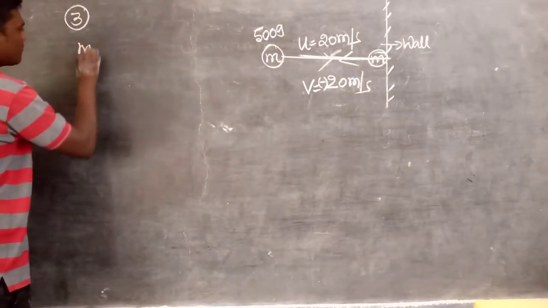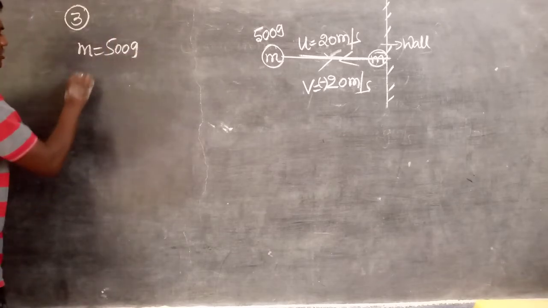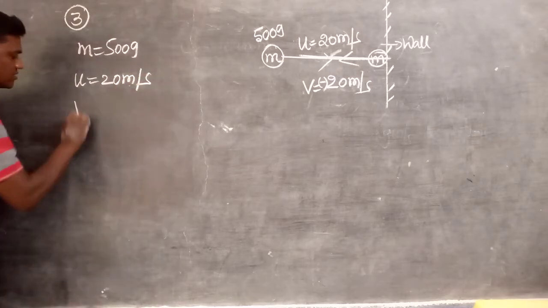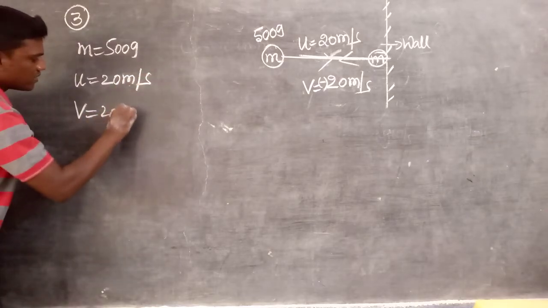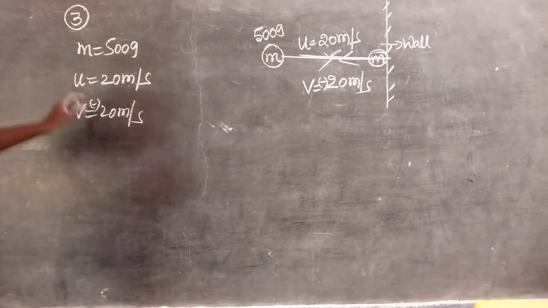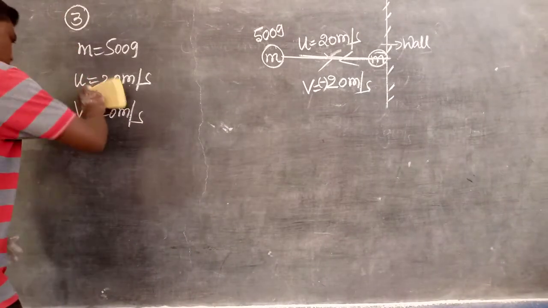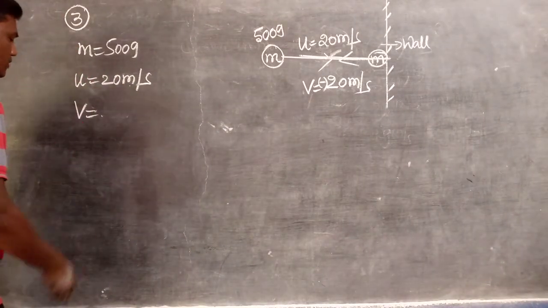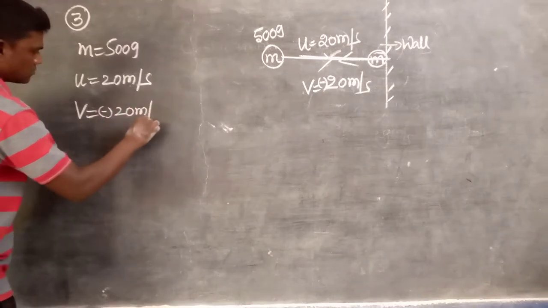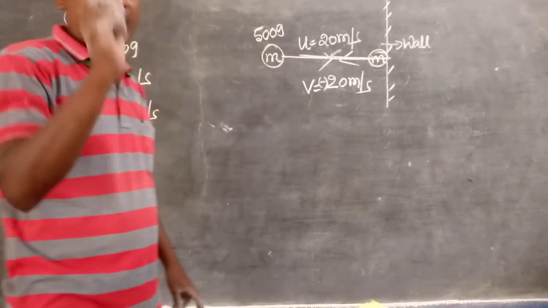What is the mass of the body? 500 grams. What is the initial velocity? 20 meters per second. What is the final velocity? 20 meters per second. It is in which direction? Opposite direction. That's why minus 20 meters per second. Here the minus represents only the direction.